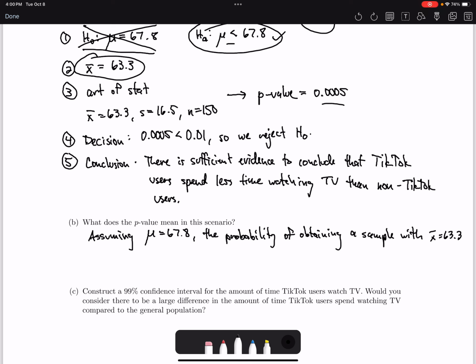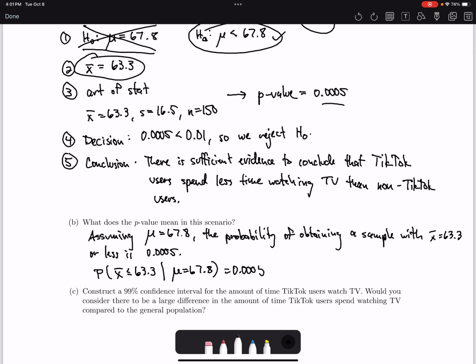Since this was a left-tailed test, we would say 63.3 or less, is 0.0005, right? In symbols, you could write it this way: probability that x bar is less than or equal to 63.3, given that mu equals 67.8, is 0.0005, right? That's what the p-value is.